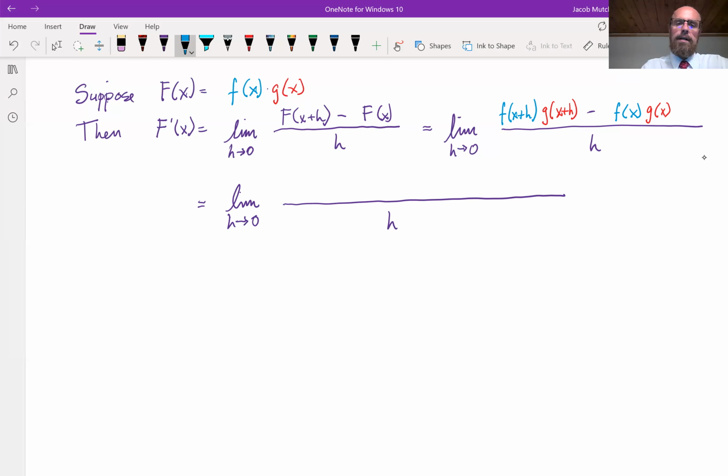So f of x plus h times g of x plus h. Let me zoom to the end here and write minus f of x times g of x.